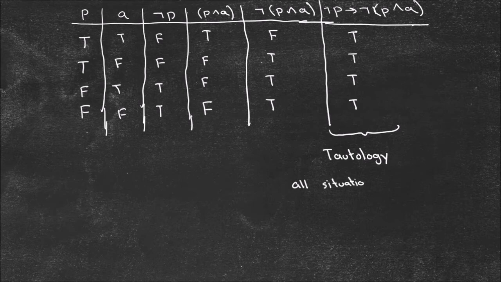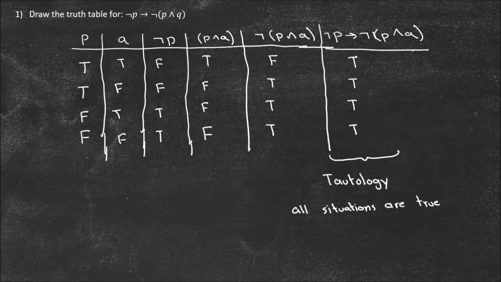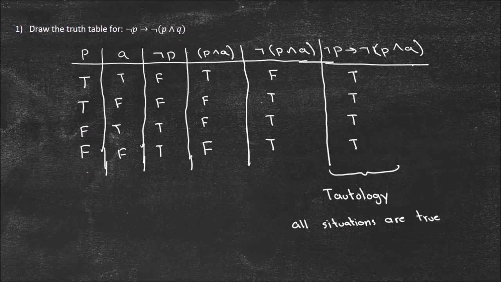And let's look at the statement again and figure out why you can kind of predict that that's going to be true. So, does not P imply not P and Q? Think about that. If not P is true, that implies that P is obviously false. Does that imply not P and Q?